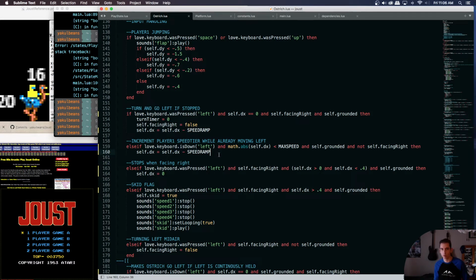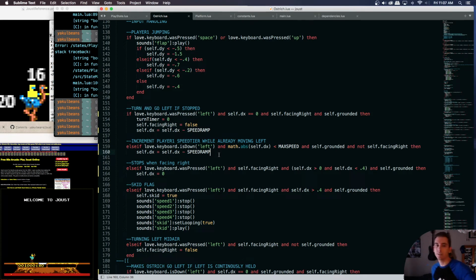Okay, so it's tricky because I was thinking if we put it in an else if, only one of those can go at once, but that would mean the order of operations matters. Because if left starts held down, but then we press right, and that code's after this, it'll just continue going left, and it'll never end up going right.